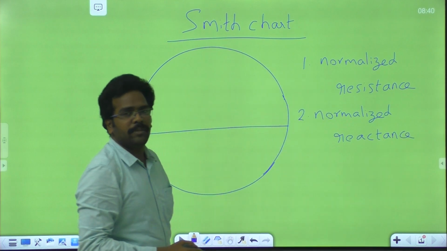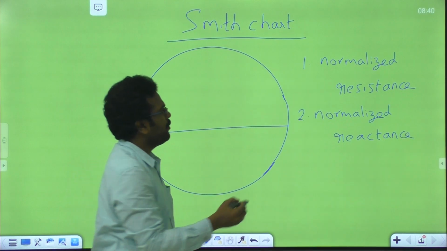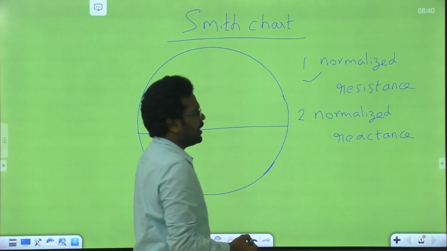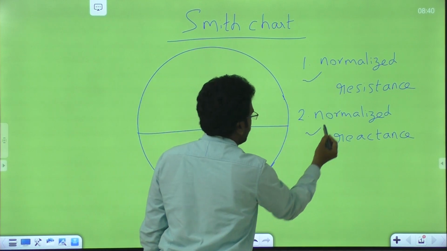The Smith chart is basically a superimposition of the normalized resistance circle and the normalized reactance circle.